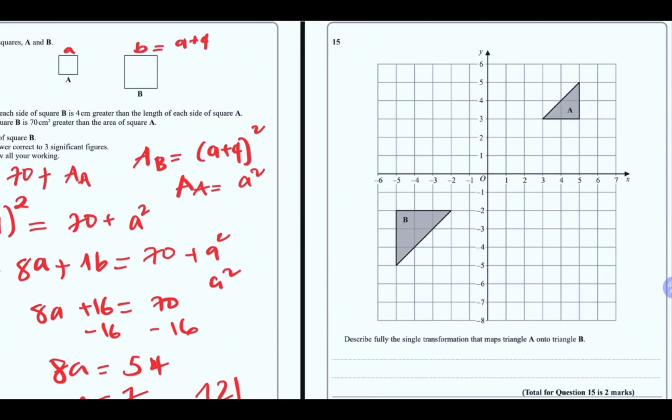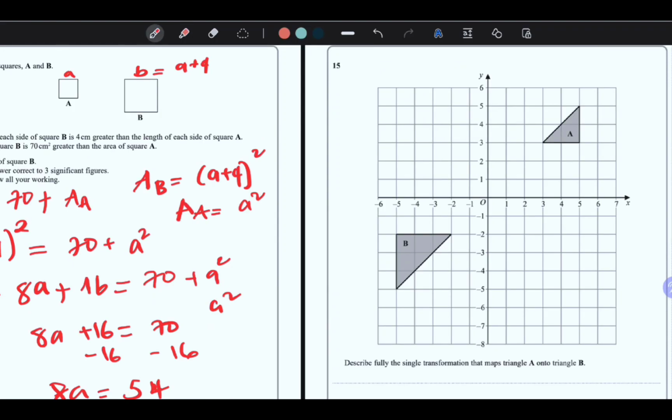Describe fully the single transformation that maps triangle A onto triangle B. Okay, we can first of all see that triangle B is 1.5 times bigger than triangle A, because we have 3 triangles here and we have 2 triangles here. But then it looks like it has been rotated about a point.